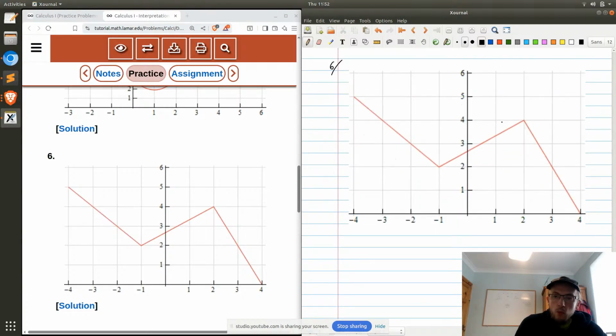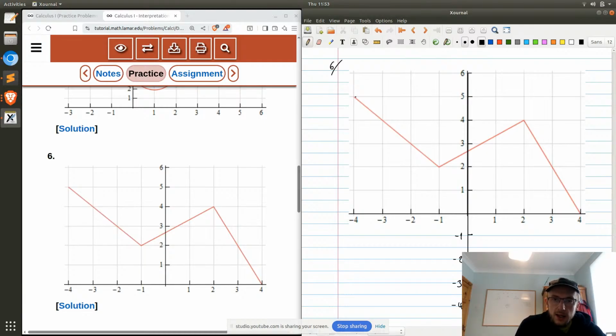So what we'll do is extend the y-axis just by eye, something like that.